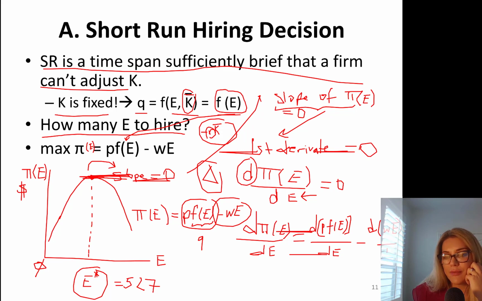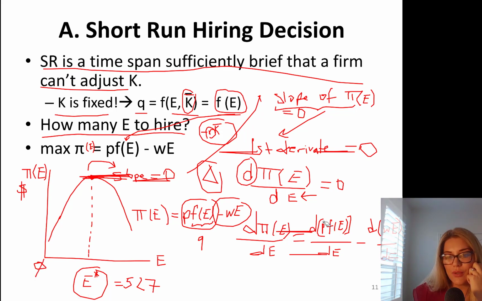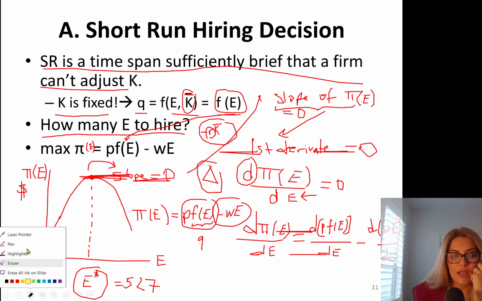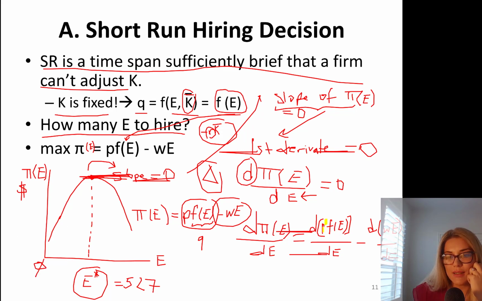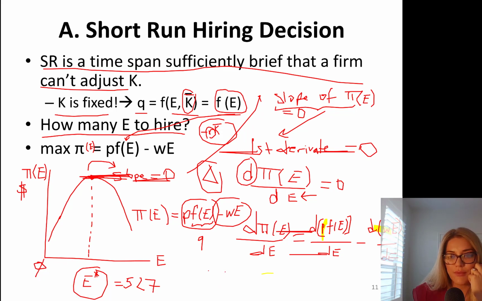divided by DE. So anytime you see a constant number, for instance, this guy here, P, oh, it's the eraser, highlight. Okay, so P times something that's a function of E, W a function of E, they will come out of the differentiation operator, okay?